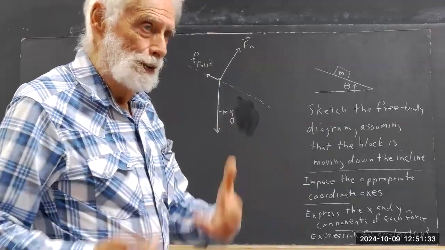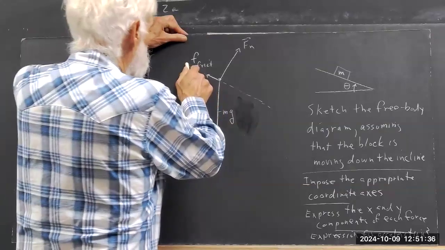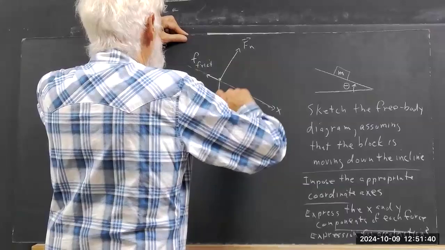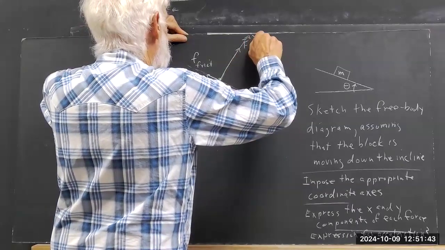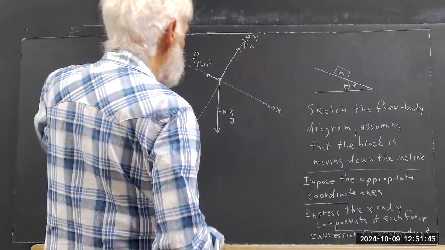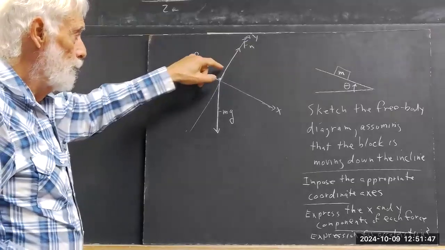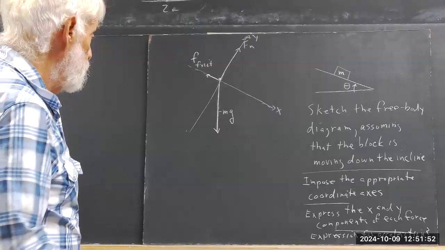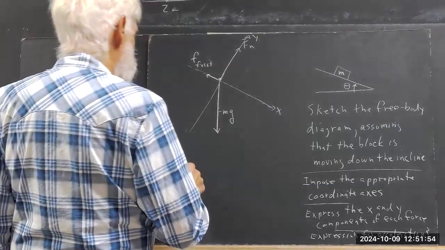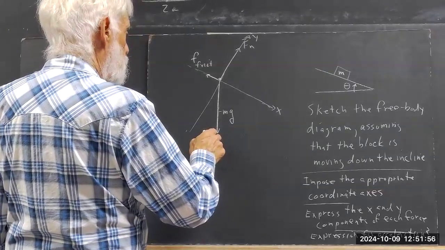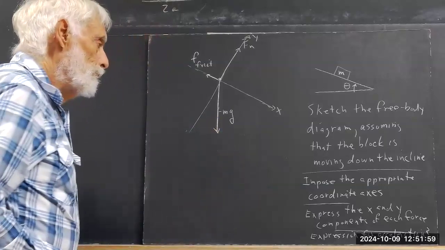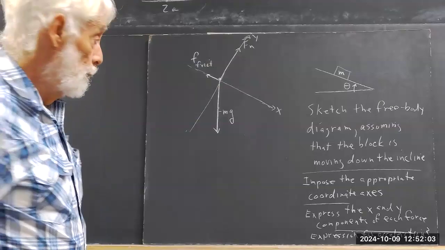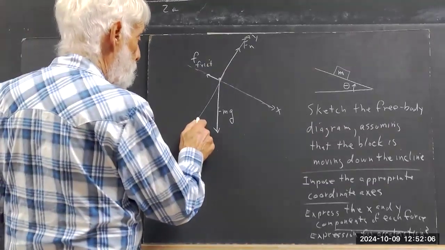You'll understand why it's easier if you put the x-axis parallel to the incline and the y-axis perpendicular to the incline, because now two of these vectors are parallel to the incline. Now you got negative mg here. This is the only vector that isn't parallel to one coordinate axis or another. Well, what's that mean?